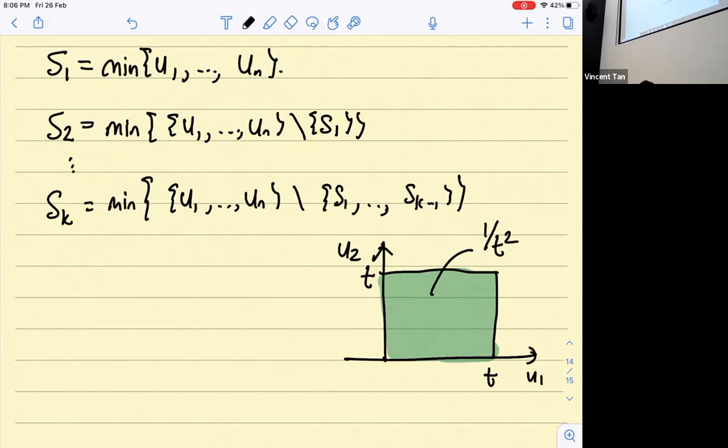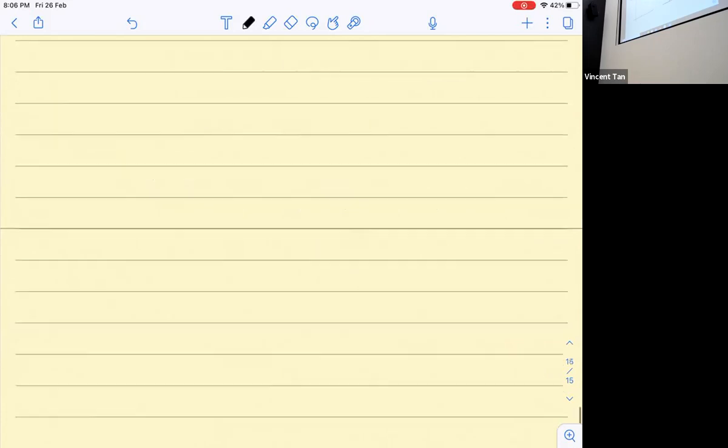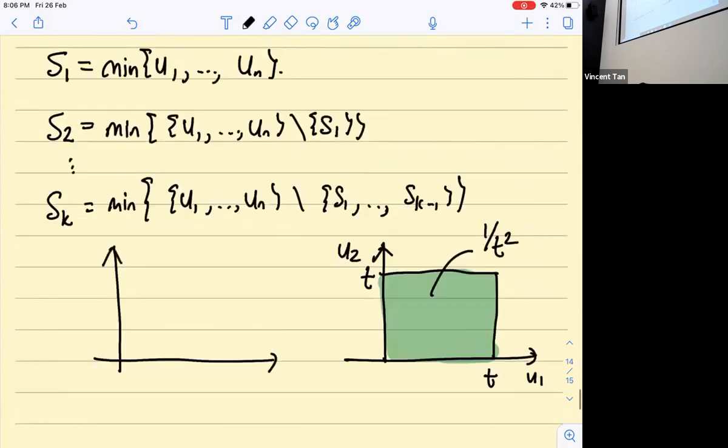Now, let us consider (S_1, S_2) up to t. Where do the order statistics S_1, S_2 take their value? S_1 is the min, S_2 is the max in this particular case, since we only have two random variables.